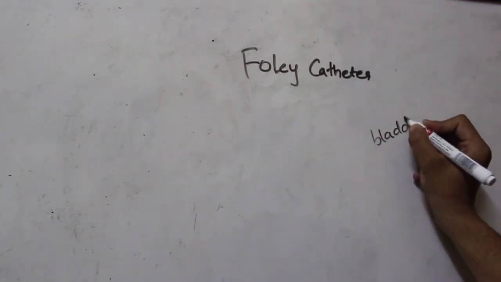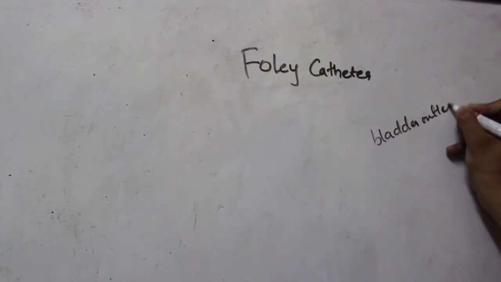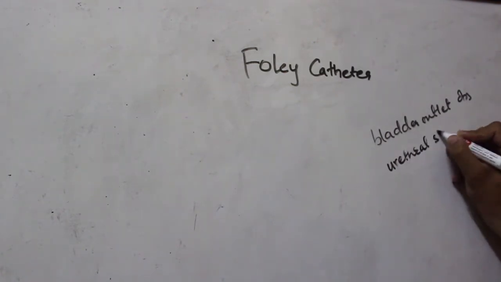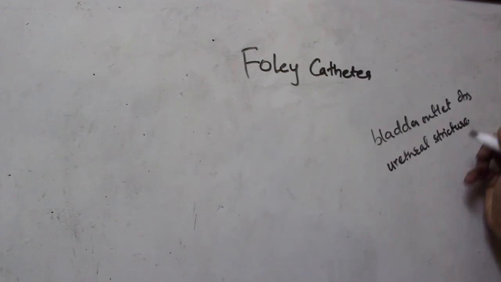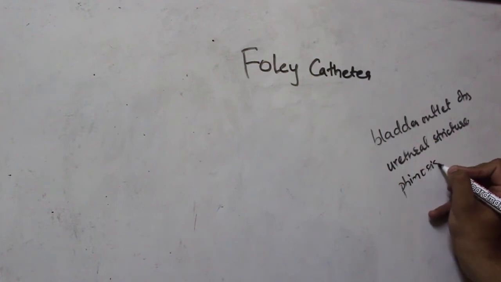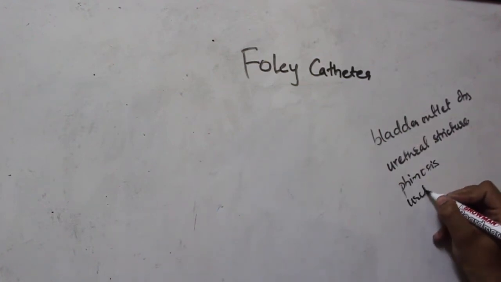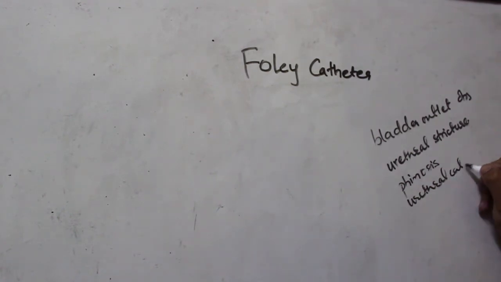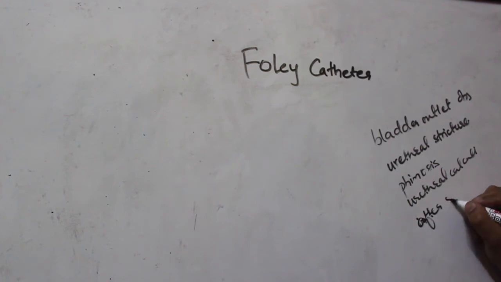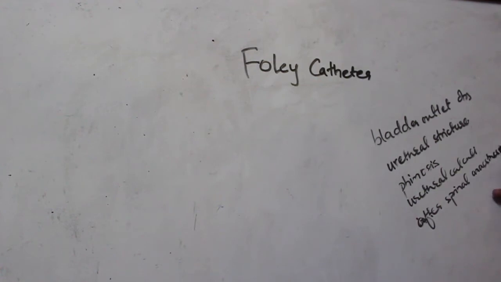So the main conditions are bladder outlet obstruction, urethral stricture, then it can be used in cases of phimosis, or urethral calculi, in spinal after a spinal anesthesia during surgery, and then it can be used in spinal injuries.